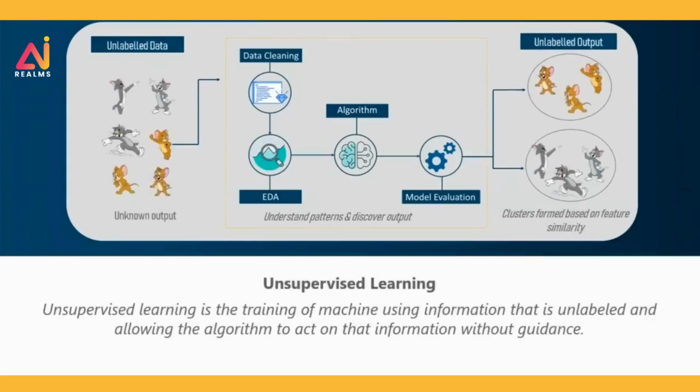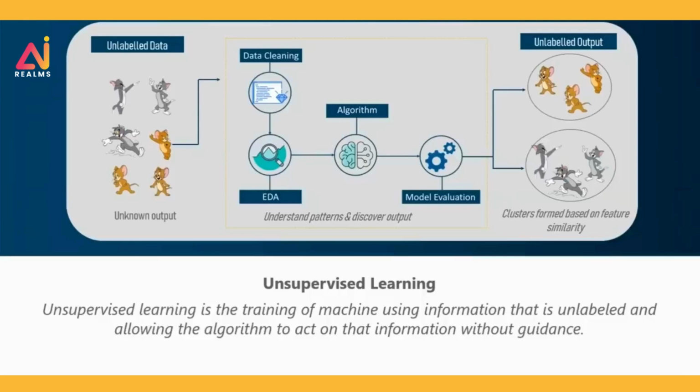We look at the same example and understand how unsupervised learning works. So what exactly is unsupervised learning? Now, this involves training by using unlabeled data and allowing the model to act on that information without any guidance. All right, now, like the name suggests itself, there is no supervision here. It's unsupervised learning.